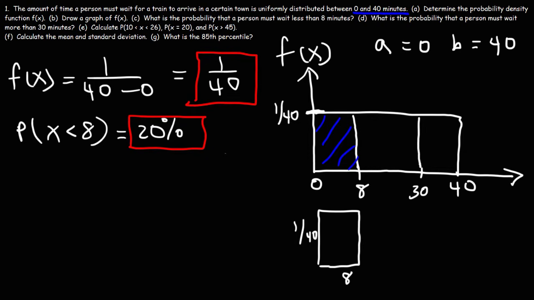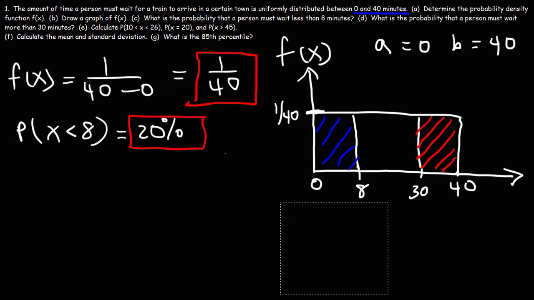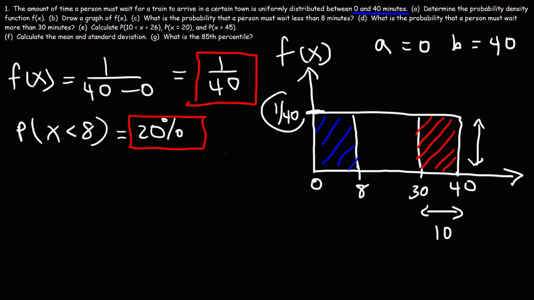So we need to calculate the area to the right of 30, or between 30 and 40. So notice that the base of that rectangle, it's 40 minus 30, which is 10. And the height is still 1 over 40.